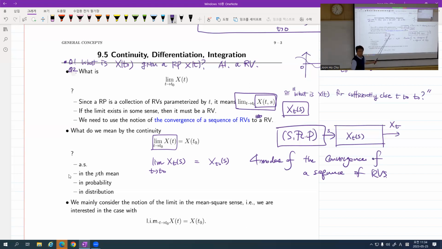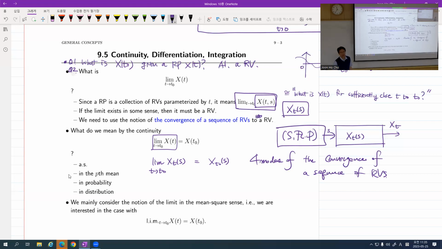So what does this mean? Again, you have to specify. Sometimes you may say that I have continuity of a random process at t0 in the almost sure sense, or in the mean square sense, or in probability, or in distribution.